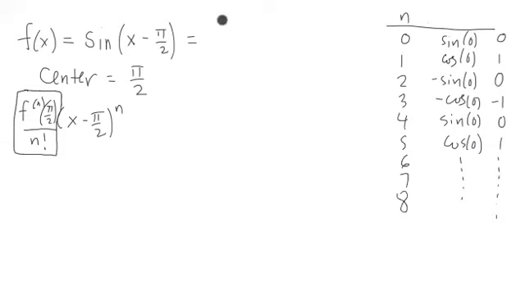Notice that our series then will have some powers of x minus pi halves, because n represents the power of x minus pi halves, as well as how many derivatives you've taken at the same time, as well as the factorial.